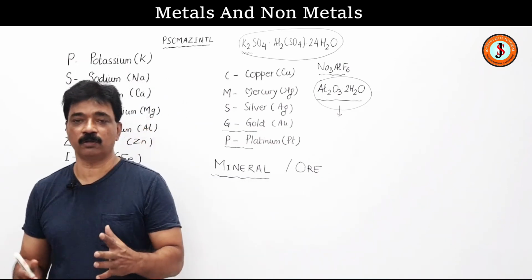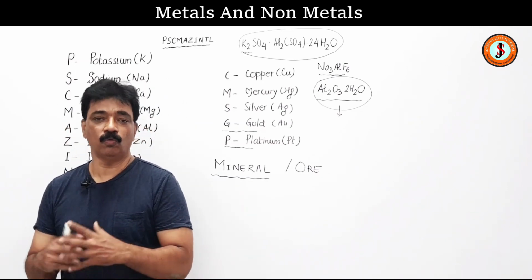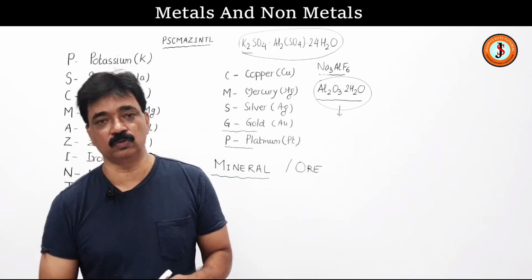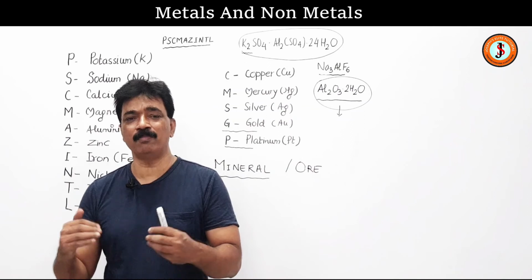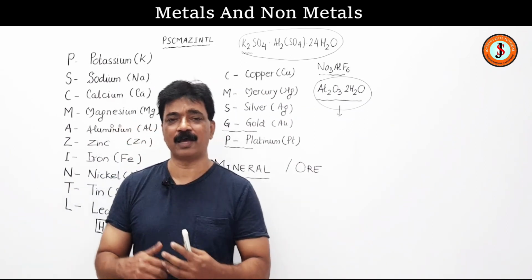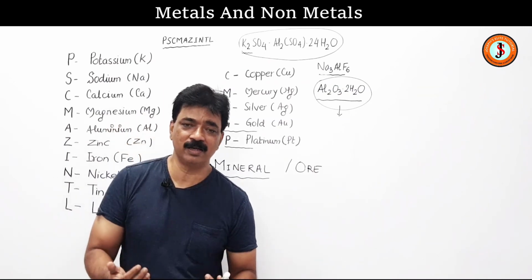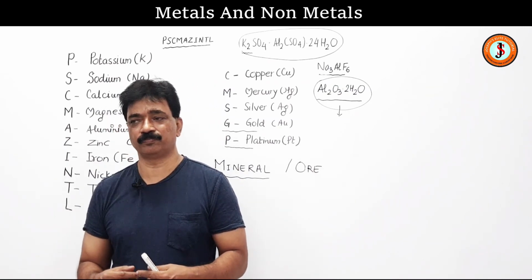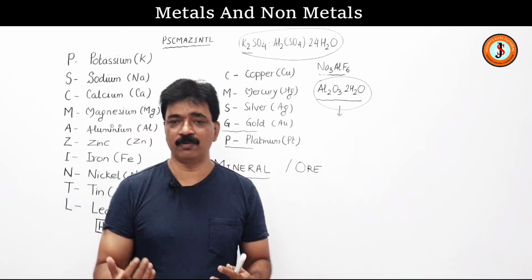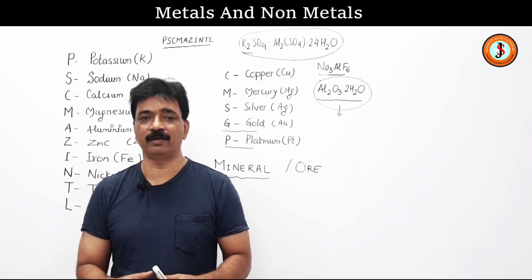There are two ways to memorize ores. One is element wise, like you can memorize ores of iron: hematite, siderite, limonite. For aluminum, bauxite, and cryolite, and so on.